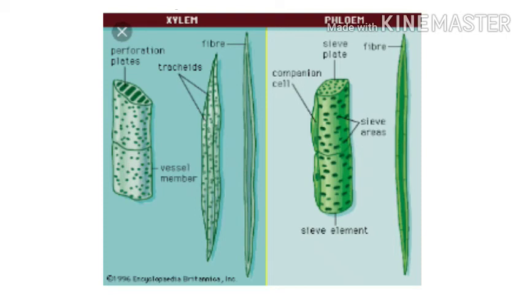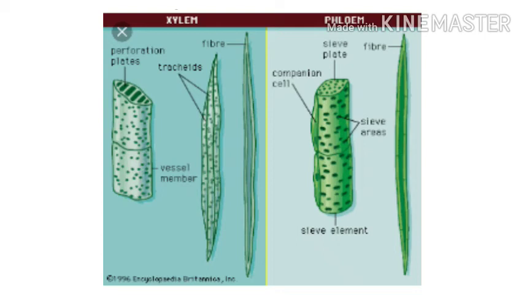Xylem. They are tubes formed from elongated cells, that is long cells. They transport water and minerals absorbed by the root to the leaf.